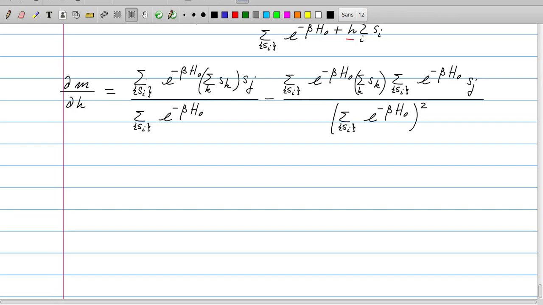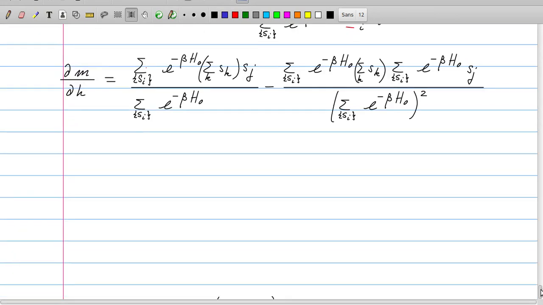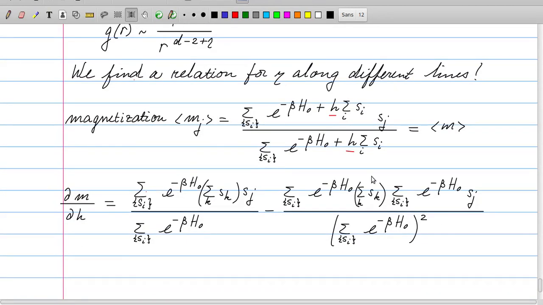So if we do that, we see that in the expression for m that we had here, there are two h's, and so if we take the derivative, we get a contribution from this one and one from that one. If we take the contribution from the numerator, we get this extra term. It's written here as a sum over k of s_k multiplied by the s_j next to the exponent.